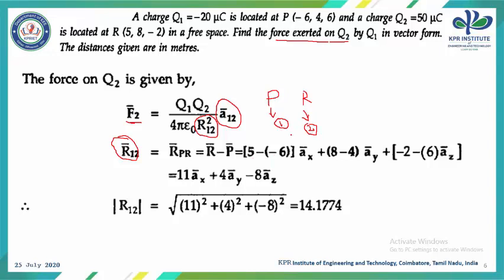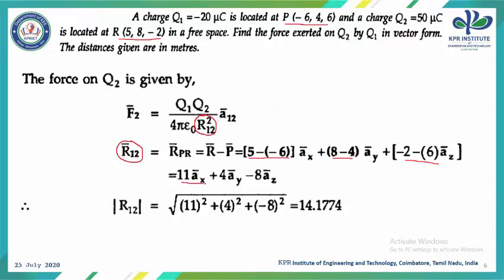The distance vector is x2 minus x1 into ax plus y2 minus y1 into ay plus z2 minus z1 into az. This is a formula you are already familiar with. Now you have to substitute it. You are going to get the distance vector equal to 11ax plus 4ay minus 8az.